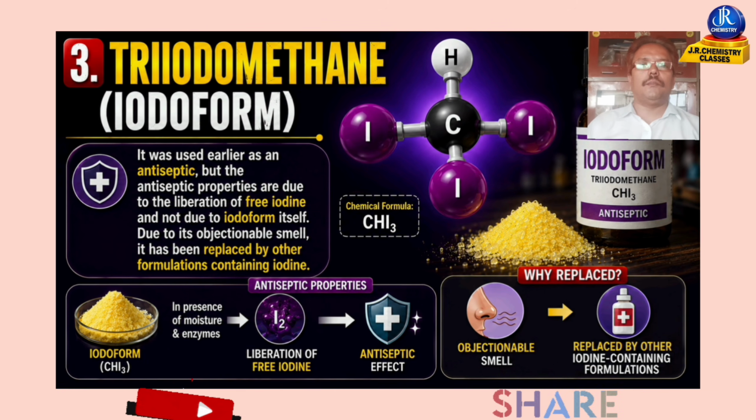And the third polyhalogen compound is triiodomethane, iodoform. It was used earlier as an antiseptic, but the antiseptic properties are due to the liberation of free iodine and not due to iodoform itself.